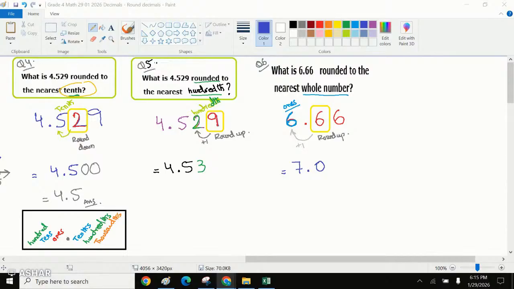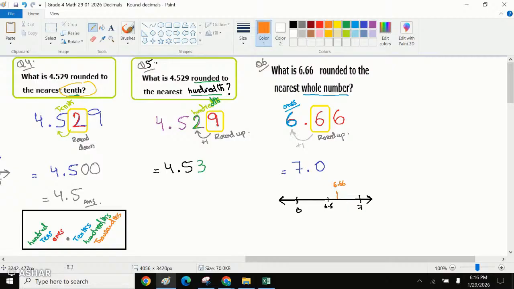If 6.66 was rounded off to the nearest whole number, we can say that if we try to draw it on a number line, which means a line which shows two different numbers, we can have a 6 over here, we can have a 7 over here, in the middle 6.5. So can I say 6.66 would be over here, right?